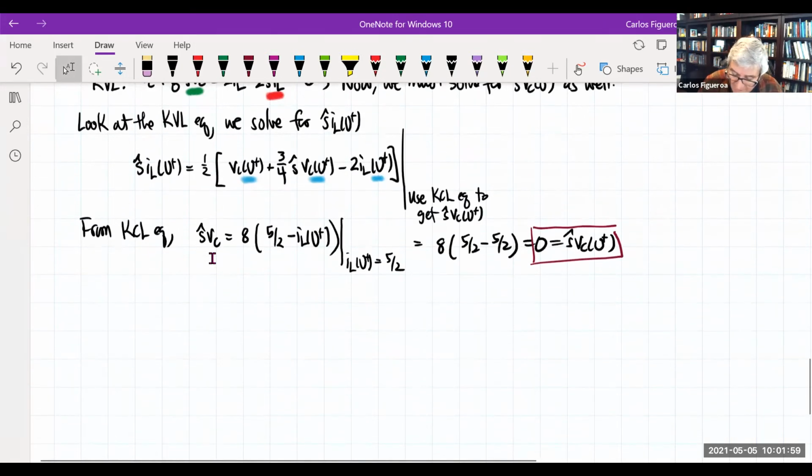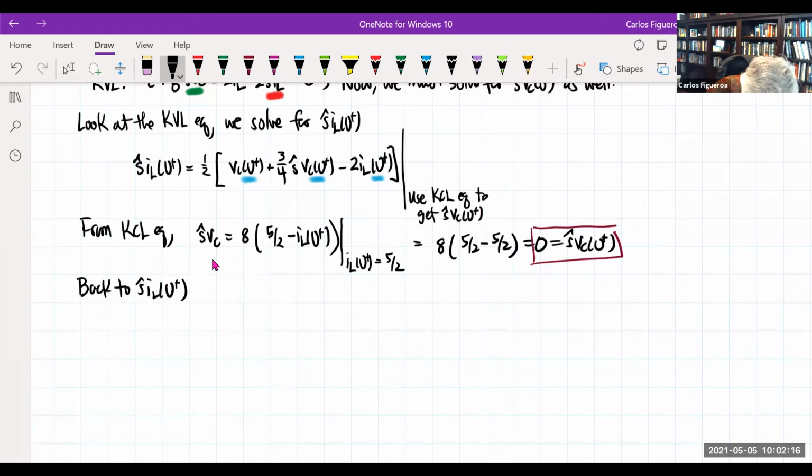And so it's 0. So now I could then go in and we could see that this term here gets canceled out. So then if I look at this guy, here's what I have. Back to S hat IL of 0 plus, we see that it's 1/2.